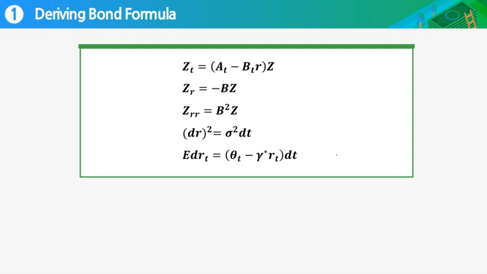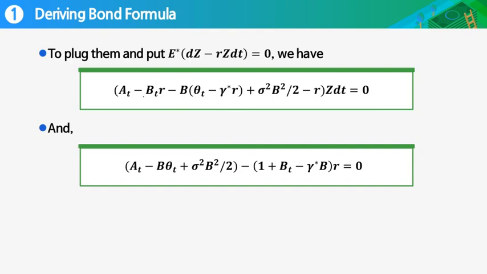Here we don't have the sigma dW term because the expectation of dW is 0. So we can plug these in. Because we are in the risk neutral world, we put E star [dZ] minus rZ dt equal to 0. We have this one. This is the same as previous, only this part is different.